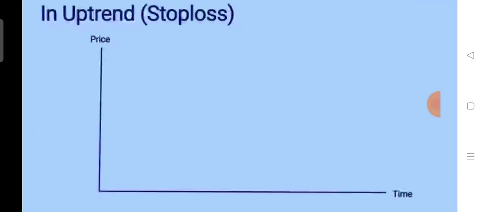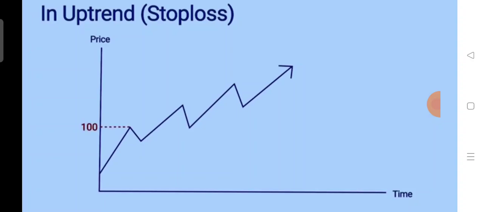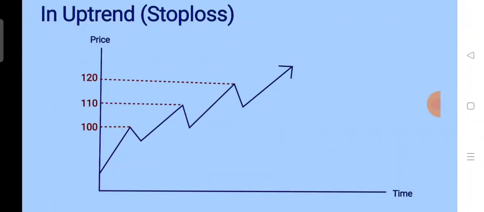Now stop loss is a new word for you, right? Let me introduce the concept. When you are buying a stock, you are taking some risk and you are doing it for some purpose. Suppose you are buying at 100 rupees, you want the price to go to 110 and 120 and you want to sell higher.